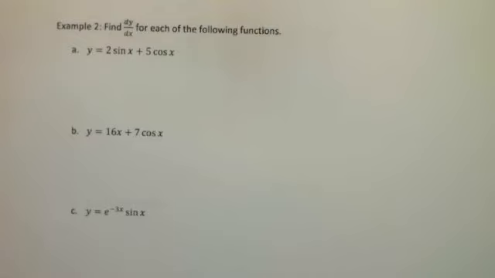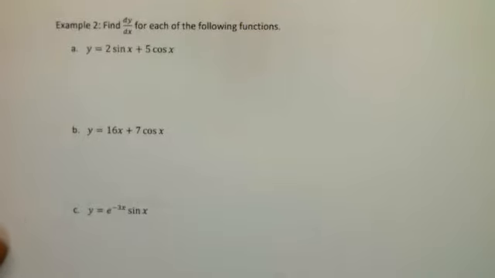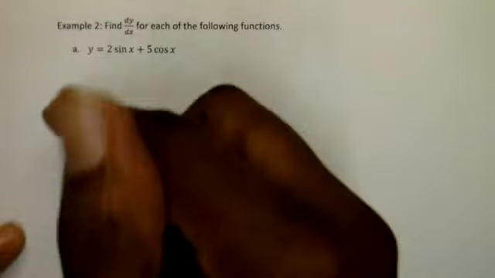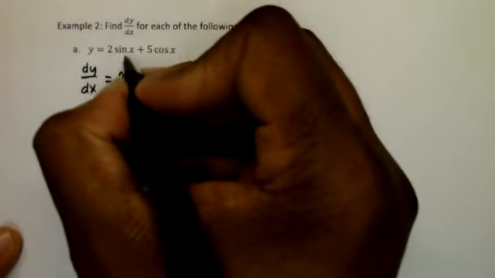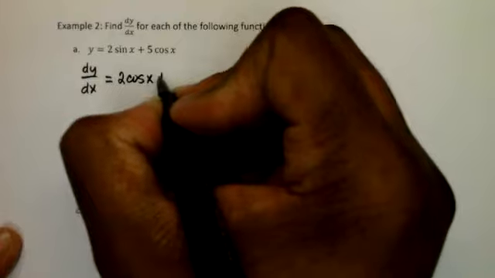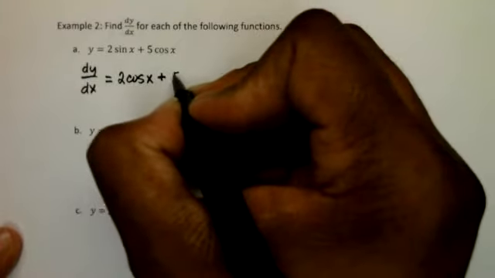Okay. So let's start with this. y is equal to 2 sine of x plus 5 cosine of x. So we're going to use those two derivatives to find the derivative of this function. So we're finding dy dx. All right, so here we bring down the constant, which is your 2. The derivative of sine of x will be cosine of x plus, bring down the 5.